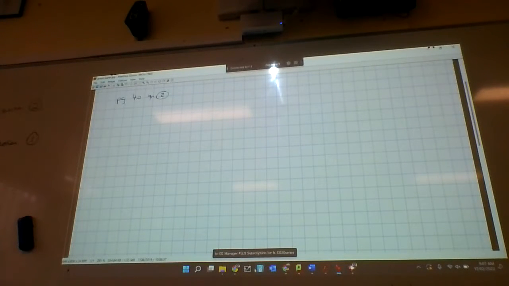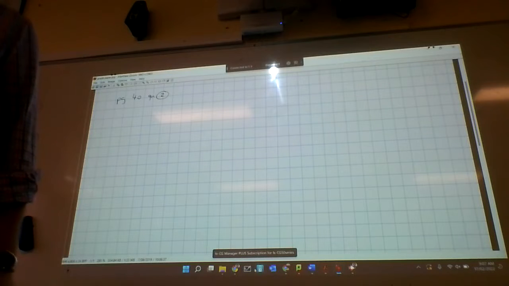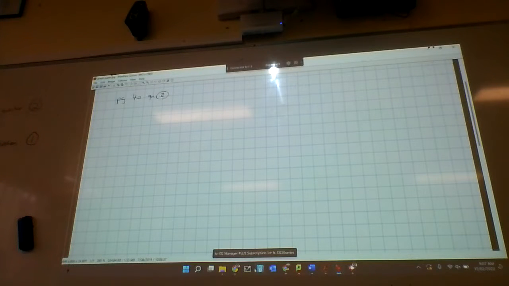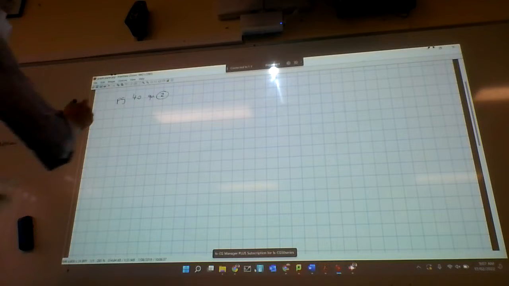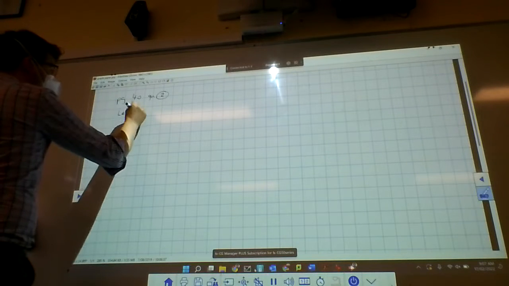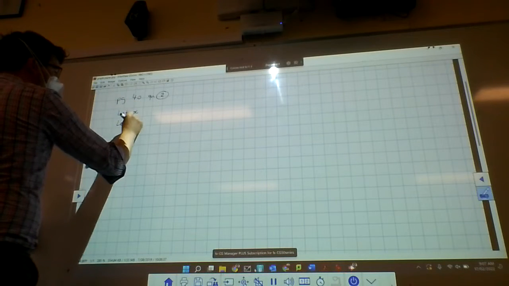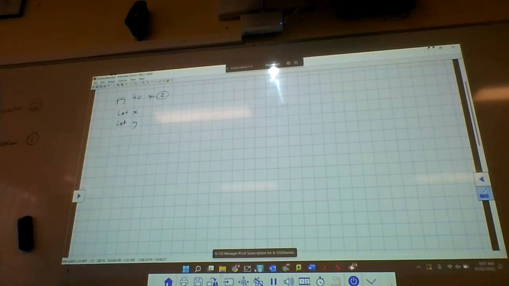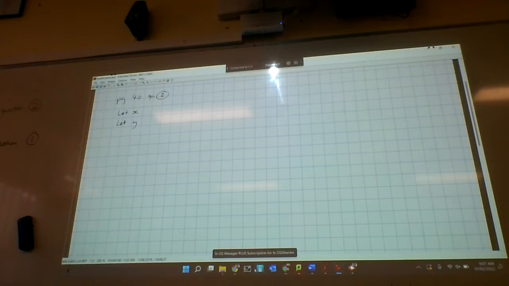So we need to start this process by first identifying our constraints. Lowercase x, lowercase y. Let x, let y. What should we let our x and our y represent? Food y. Let's try first with food x and food y.